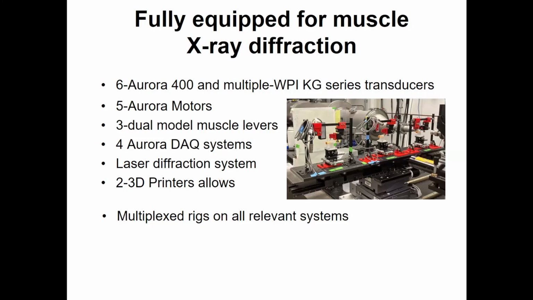In case something fails, we also have laser diffraction systems, and we have 2 3D printers for quick modification of the setups. If you look at the picture here, all this red part and the transparent white part are 3D printed. So if you need a specific change to accommodate your own experiment, we can do on-site modification quickly.